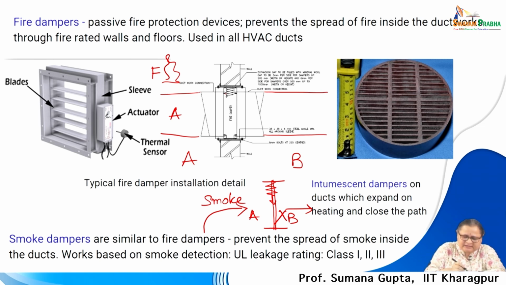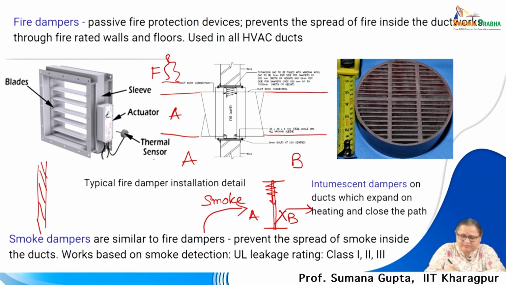and stop the smoke movement or fire movement from compartment A to compartment B. You can see a photograph where the blades, just like louvers, will close down, and it is a damper stopping the movement of smoke, air or any toxic thing from zone A to zone B or zone B to zone A, whatever the situation is.